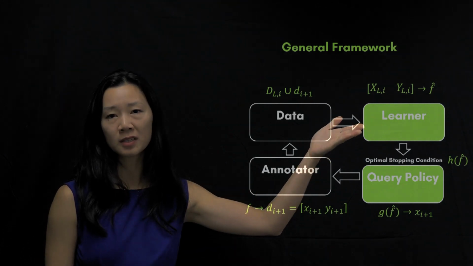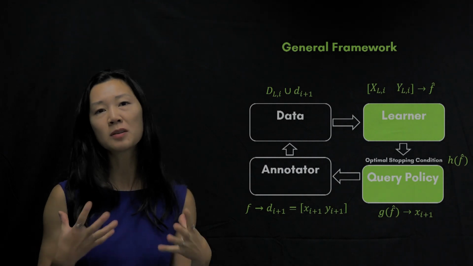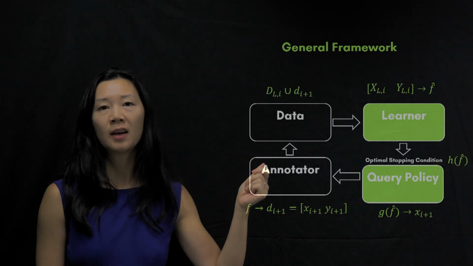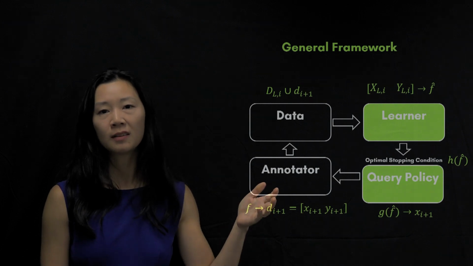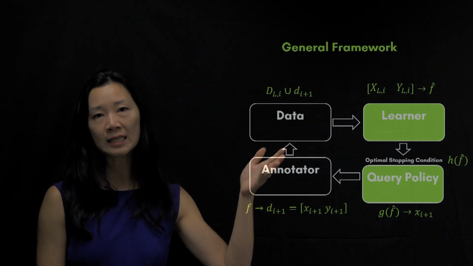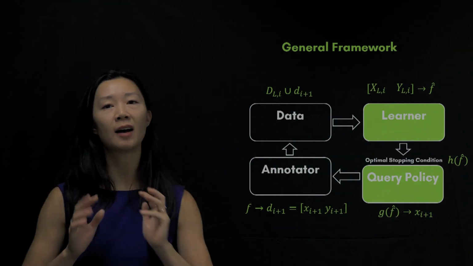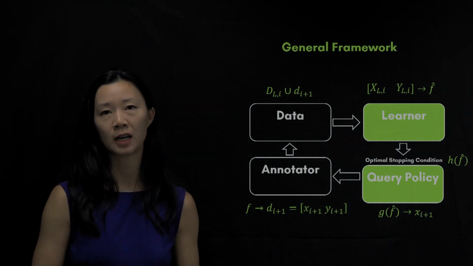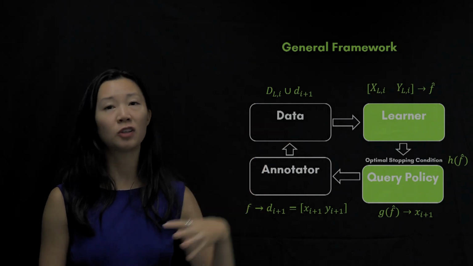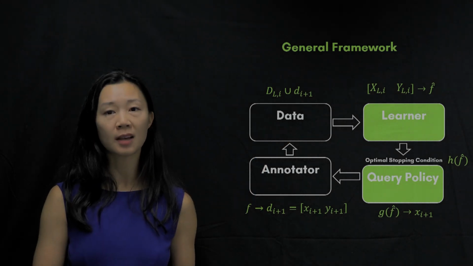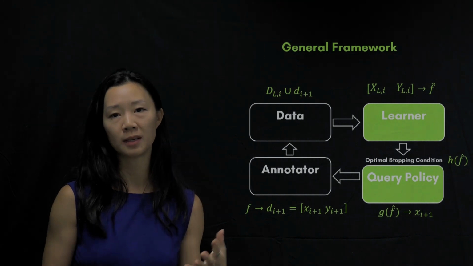And while we are going to cover learners and query policies in depth here, the reason why we're doing that is because in the problem statement for your application, these components, annotator and data, are pretty much already defined for you. If you already have a problem that you're interested in working on, it's very likely that your data is already defined. You already know what kind of input X and what kind of output Y you want to map between.